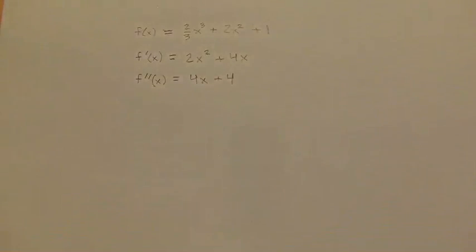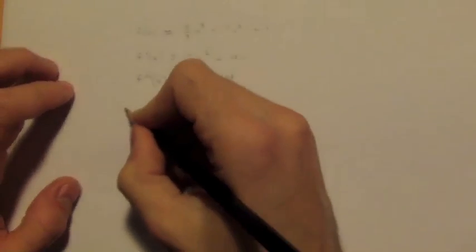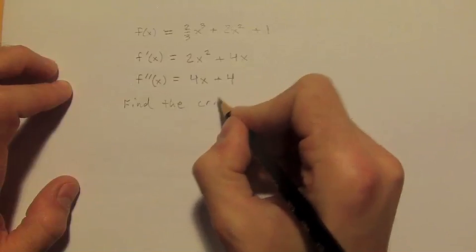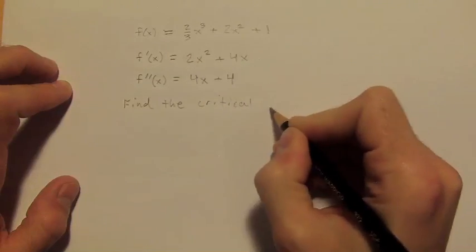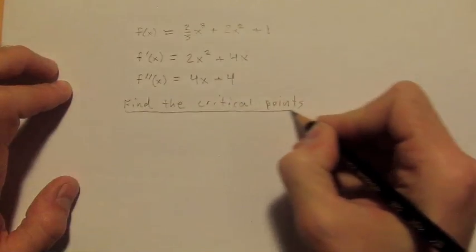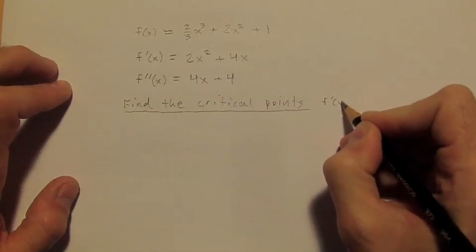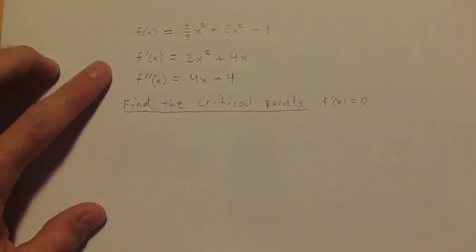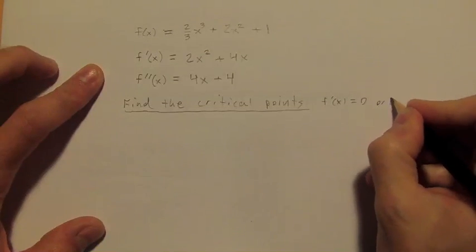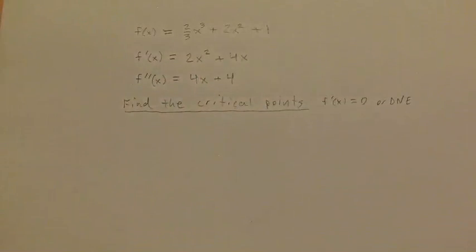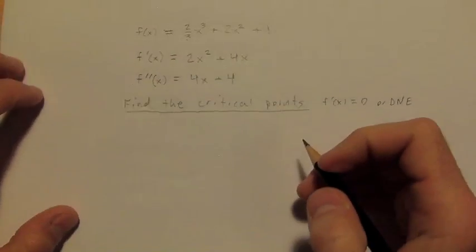No big deal. Now, we're going to find the critical points. And what we do is set, of course, f prime of x equal to 0, or see where it's undefined. But in this case, it's a nice polynomial, actually a nice quadratic, so it's not ever going to be undefined.